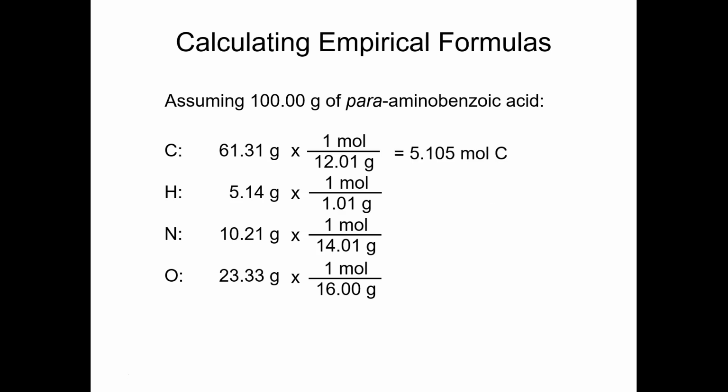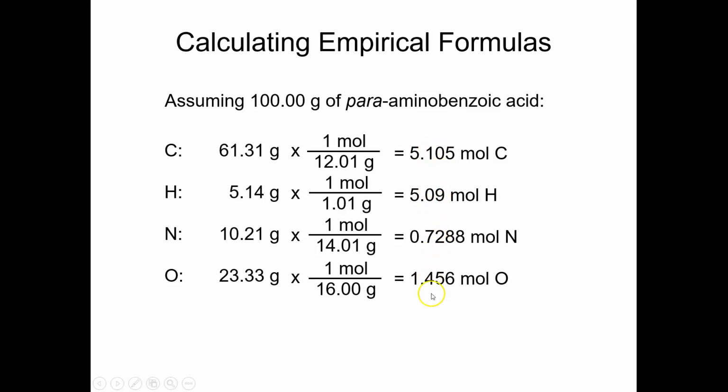When I do that, I get a series of numbers that doesn't immediately come out as a series of whole numbers, but there's a little operation we can do to make that happen. First of all, if you just examine these, you can see that to two significant figures, these two are the same thing. And so we're going to assume that these are going to wind up being in a 1-to-1 ratio.